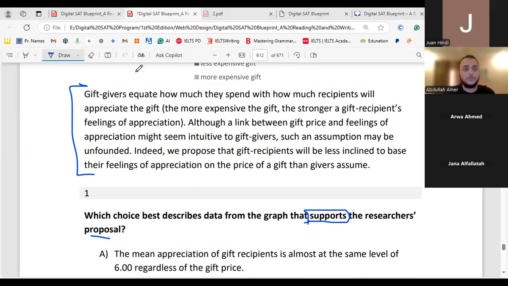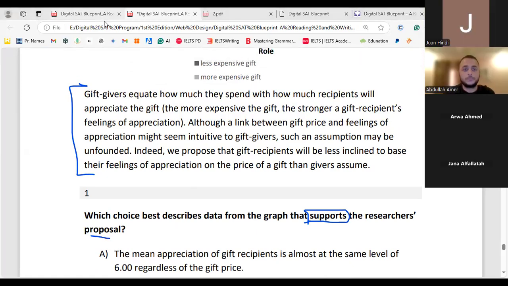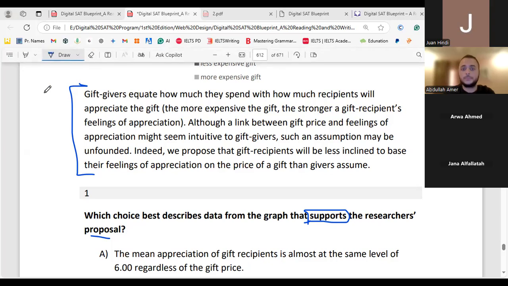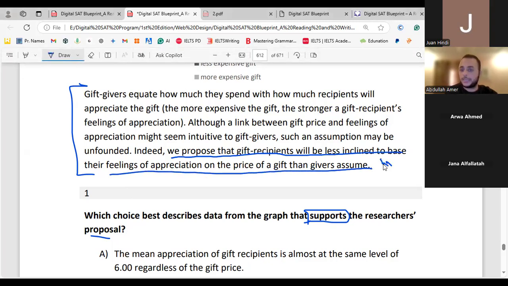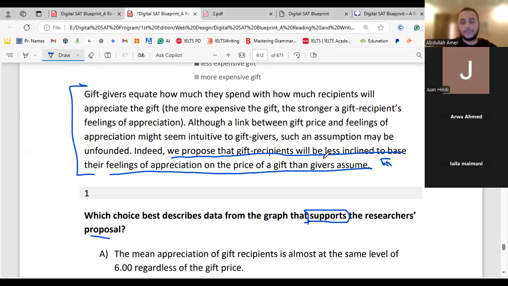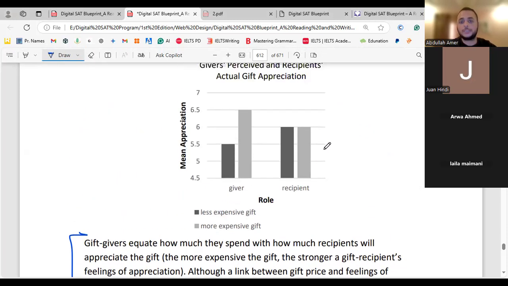Yes, okay, go on. I think in this case, it's in the end. It says, "We propose that gift recipients will be less inclined to base their feelings of appreciation on the price of a gift than the givers assume." Exactly, thank you. So in simple words, gift recipients are not going to look at the price.